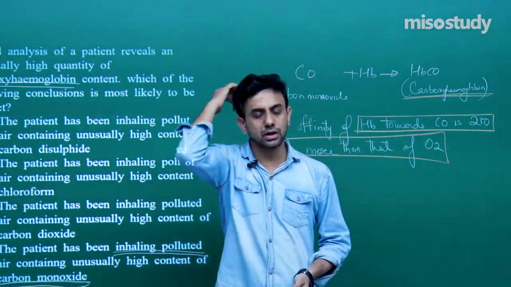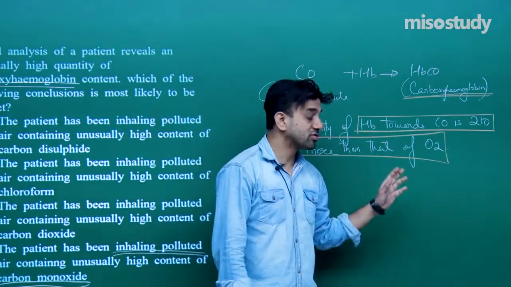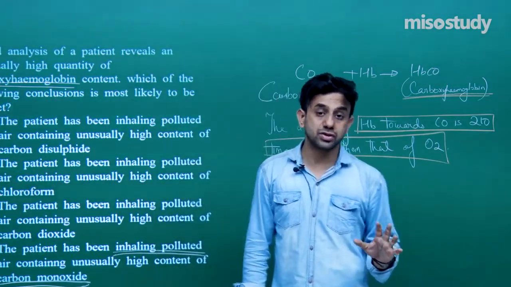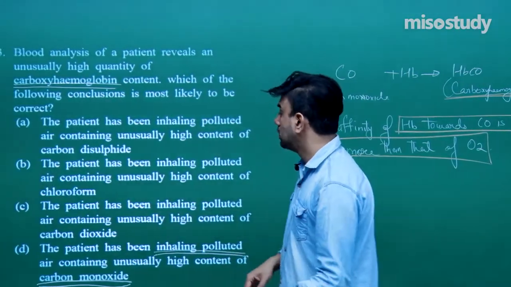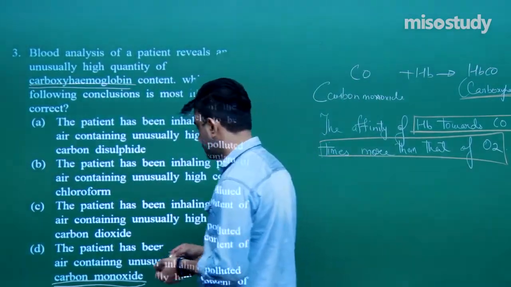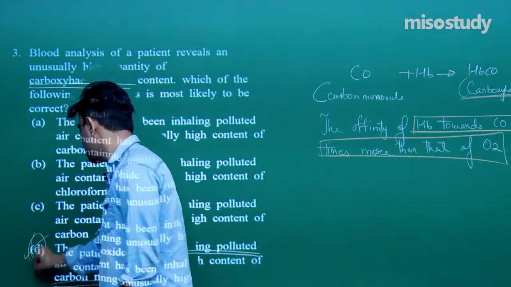And hence the hemoglobin will combine with carbon monoxide readily, even if oxygen is present, and will form carboxyhemoglobin, right. So this will be the correct answer for this.